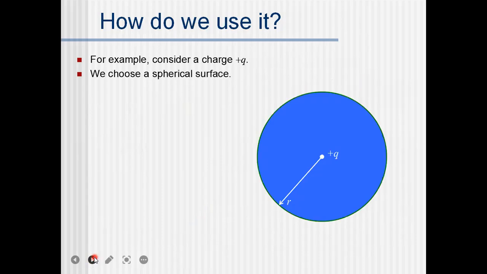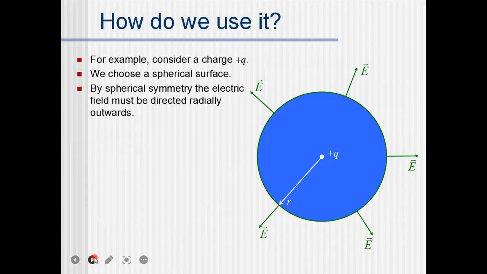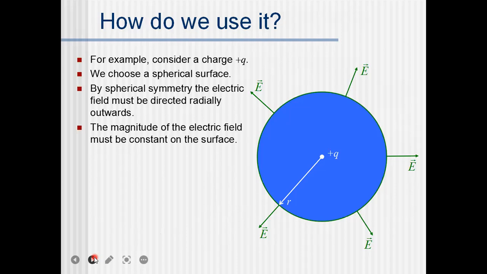So how do we use it? For example, consider the charge Q inside a sphere whose area is 4 pi r squared. By symmetry, the electric field must be directed radially outward for positive charge and inward for negative charge. The magnitude of the electric field must be constant on the surface.